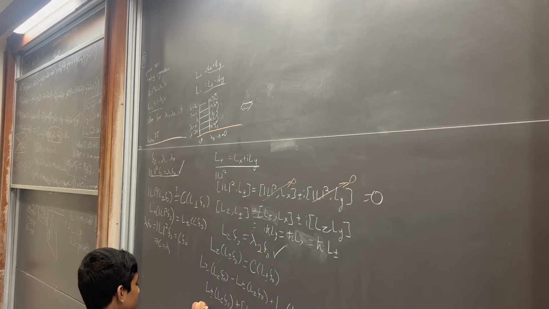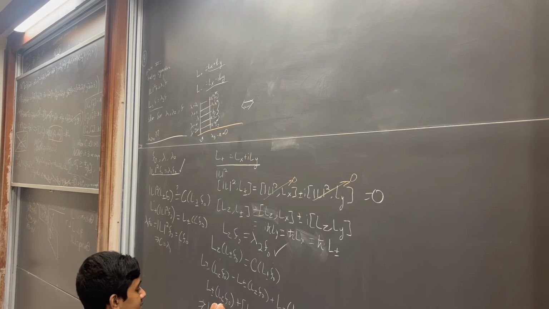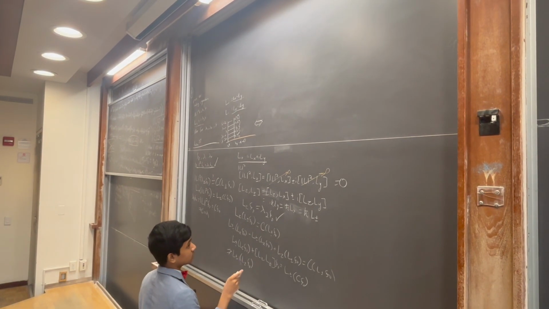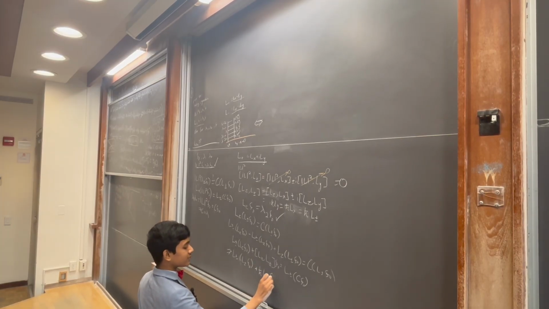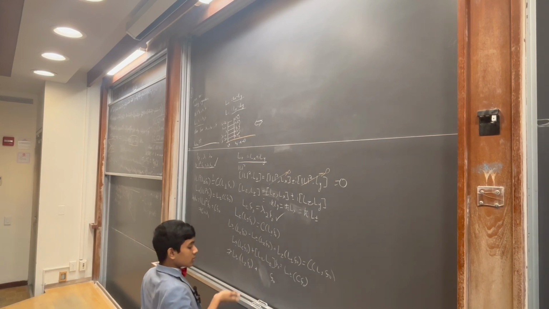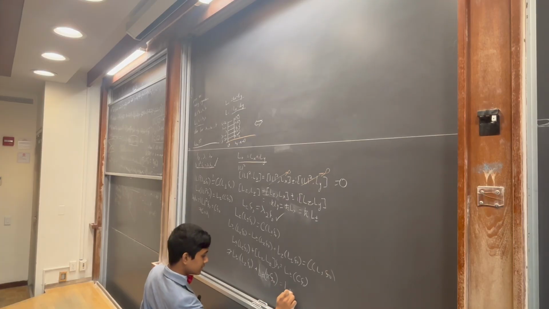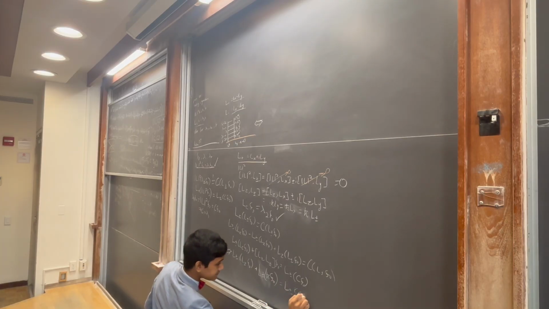Which means that, plugging back in here, this becomes L plus minus LZ f naught plus h bar L plus minus f naught. And of course, since operators always commute with scalars, I think this is like the 5th time I've said that today, we get L plus minus h bar f naught is equal to L plus minus C f naught.